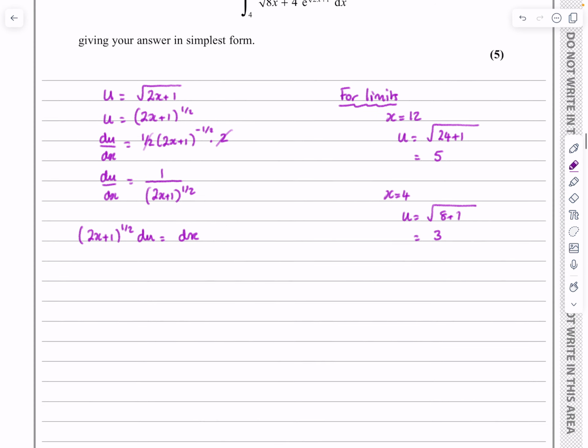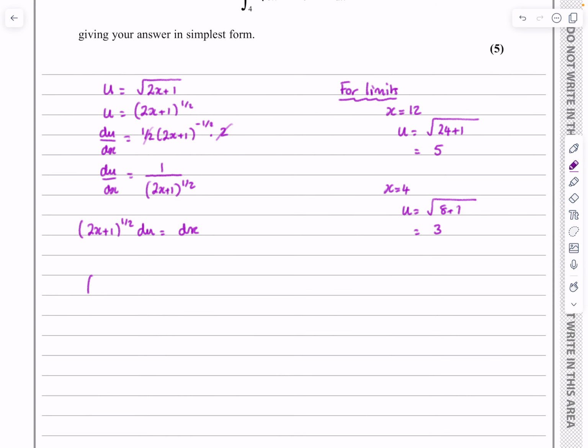Okay, so now let's try and sub in. So we've got the integral between 12 and 4 of the square root of 8x plus 4 e to the square root of 2x plus 1 dx that we're going to want to be changing here. Well, hopefully you can see, I haven't really got any problems. If u is equal to root 2x plus 1, then that's just e to the u there, so that bit's okay.